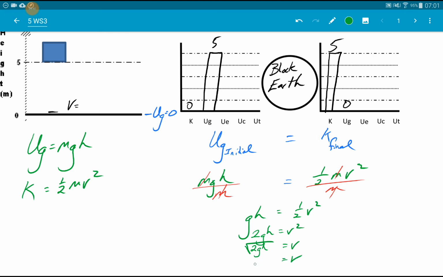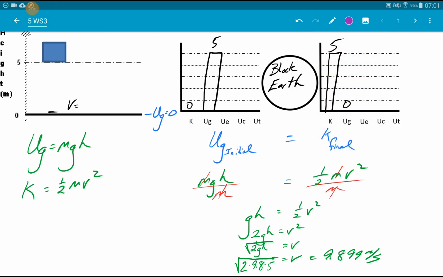I get the square root of 2 times 9.8 times my original height, which was 5, and I calculate that. 9.8 times 5 times 2, and take the square root of that. And I get 9.89, so I'll write it as 9.9 meters per second. Cool. So that's the final velocity.